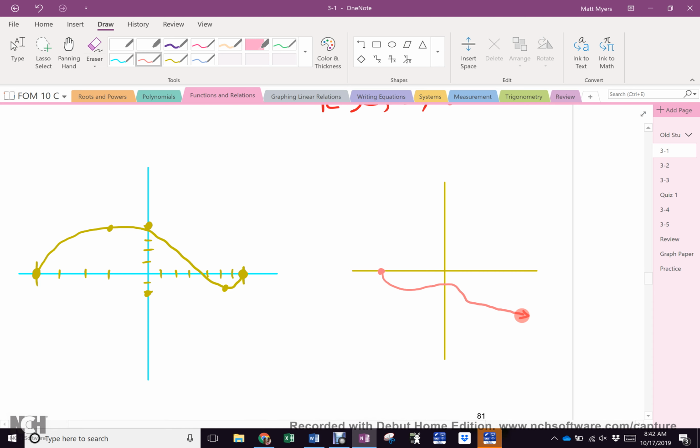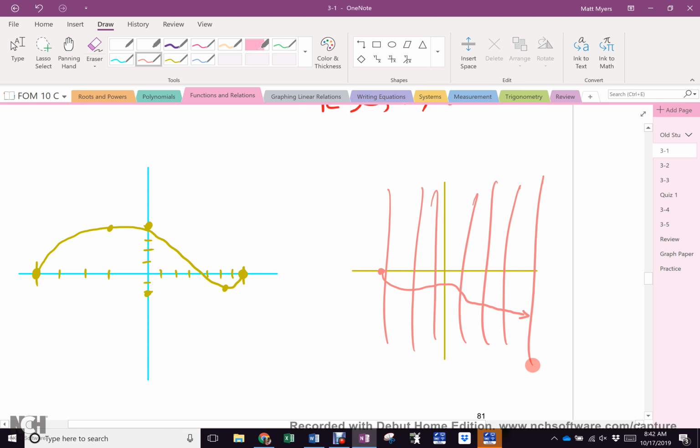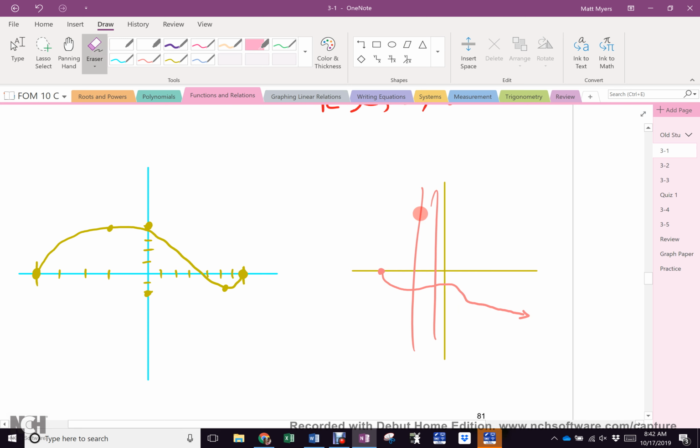What's relation or function? Function. Why? Same thing. When I do the line, how many times does it hit the pink line? Once. Okay, good. Now.